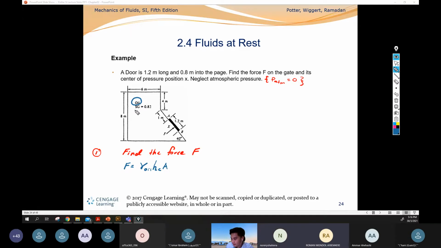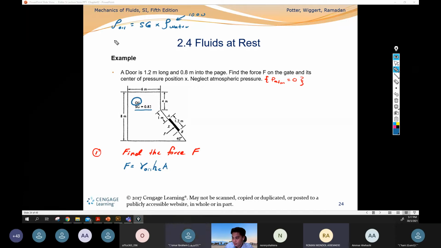So how to get the gamma of oil? Times 1000, which is actually the density. Don't confuse that. If you want to get the density of oil, SG multiplied with the density of water, which is 1000, right?